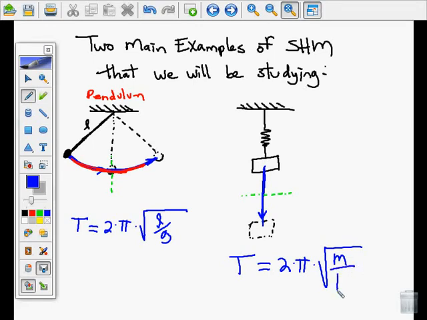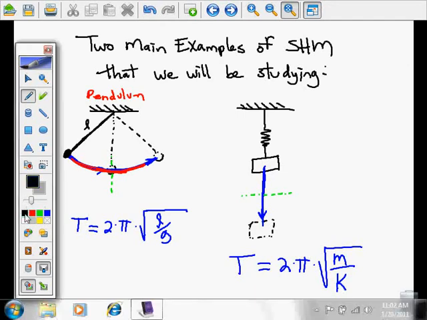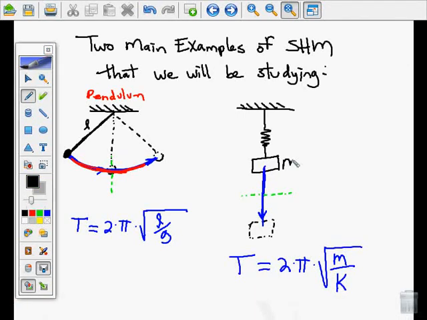Divided by the spring constant, K. So the mass of the bob and the spring constant, K, are the factors. K is the spring constant. It would either be given to you or you could solve for it.